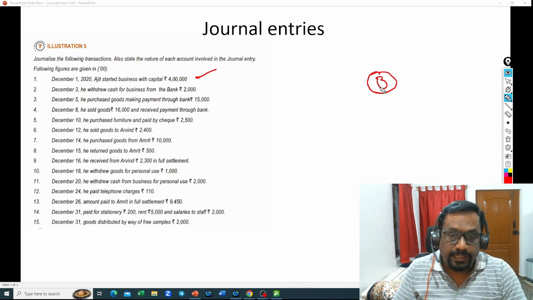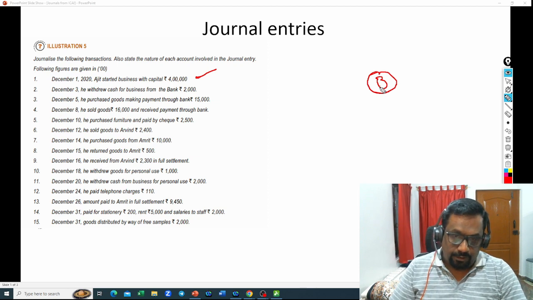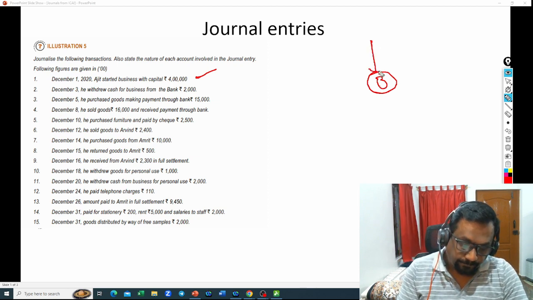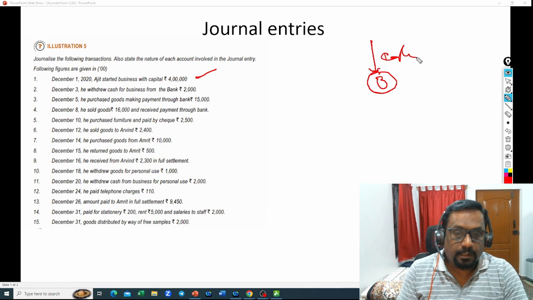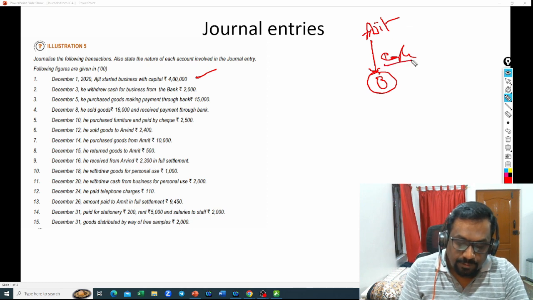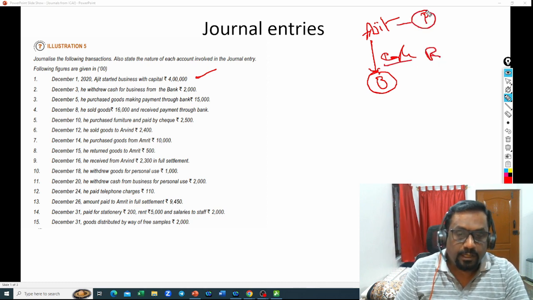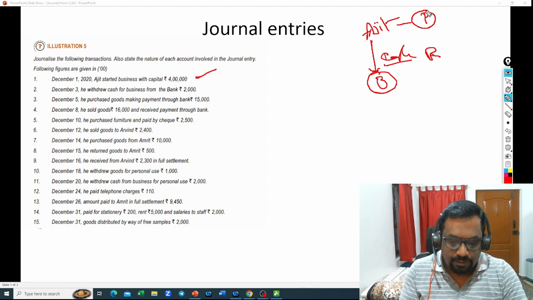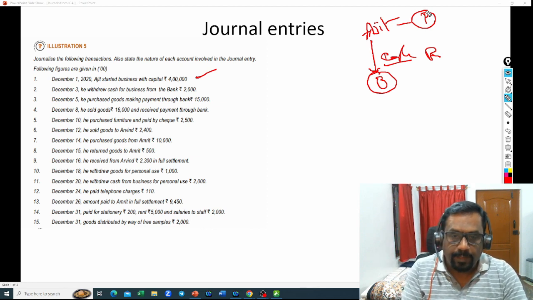So when Ajit is bringing capital into the business, what comes in? Cash. What goes out? Nothing. Who is the giver? Ajit. So cash comes under what type of account? Real account. Ajit comes under what type of account? Personal account. I'm going very fast because all these things I have already covered in my previous videos.